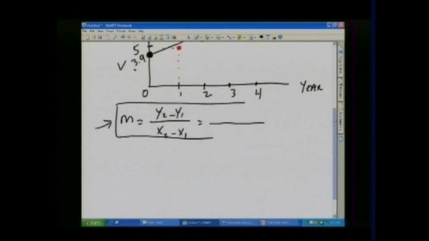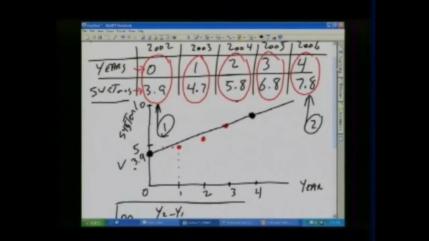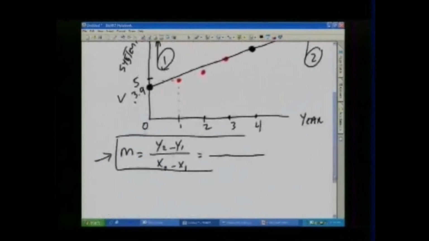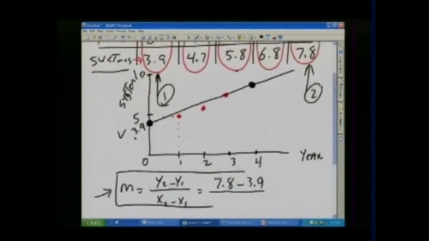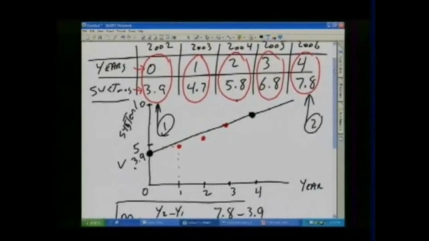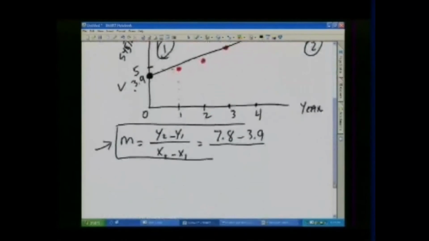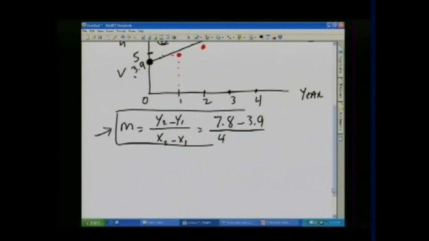So y2 is referring to 7.8, y1 is 3.9. So 7.8 minus 3.9 divided by x2, which is 4, minus 0.